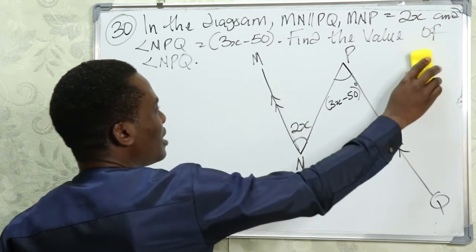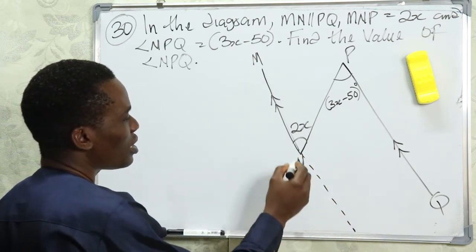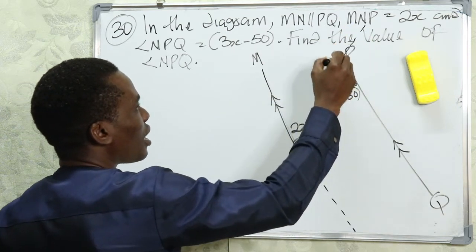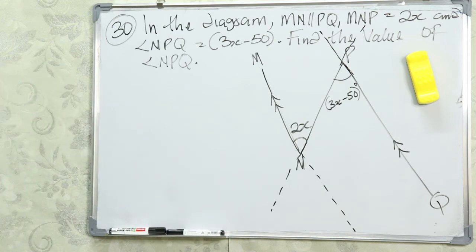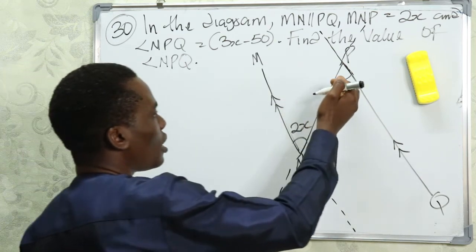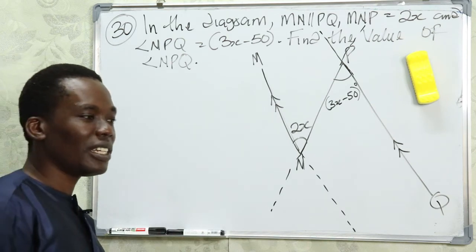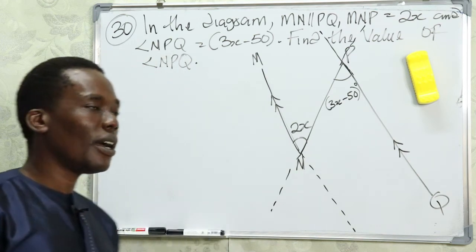Now if we extend this angle this way, we are going to realize something. Let's extend these lines and extend these lines. So do you notice something? That this angle here is alternate to these angles, and there is a rule that alternate angles are equal.